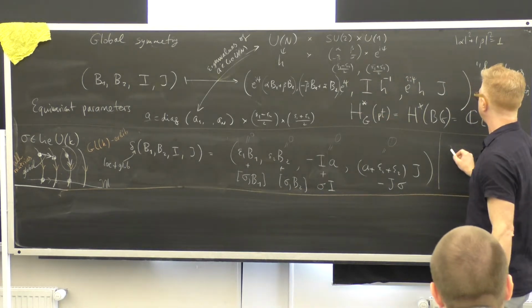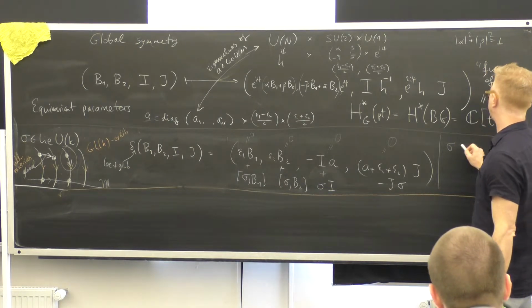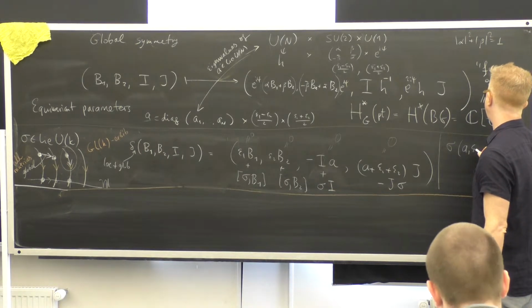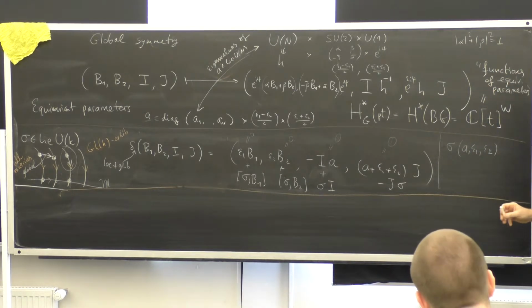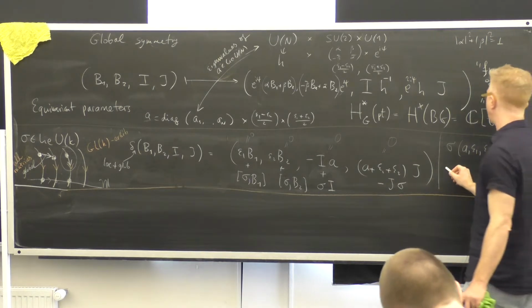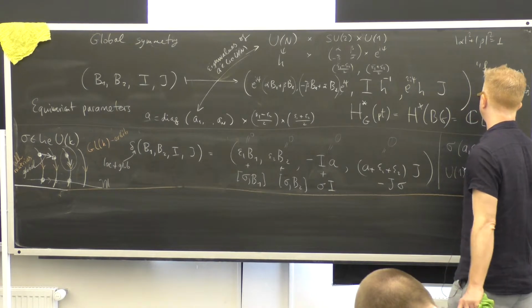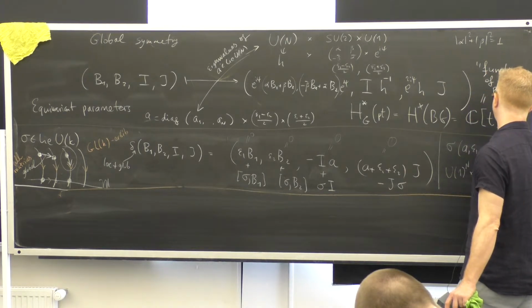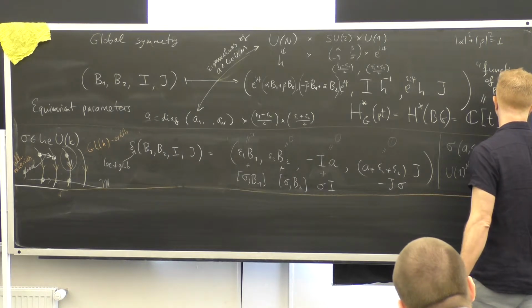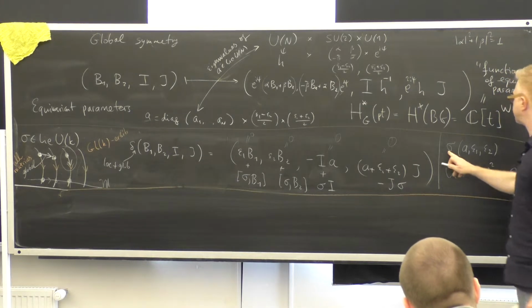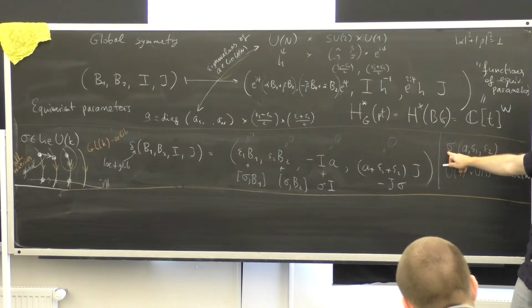Now clearly, associating sigma to a choice of A, epsilon 1, epsilon 2 means that we have now found a representation of the torus U1 to the n cross U1 squared into the group GLK, because sigma is an infinitesimal GLK transformation.